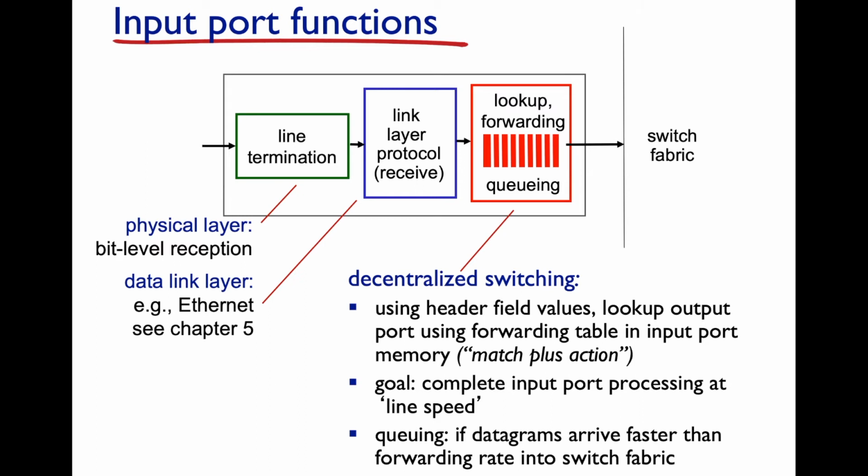Now, the goal is to complete the input port processing of data at so-called line speed, meaning at circuit level speed. And that's how you get it to work fast, on the order of 10 to the minus 9, or nanoseconds of time. And so if you have a lot of datagrams arriving at your input port, this input port will queue them. And this is where the queuing delay comes into play.